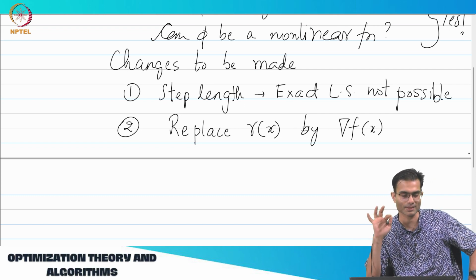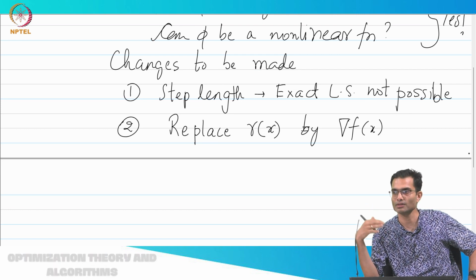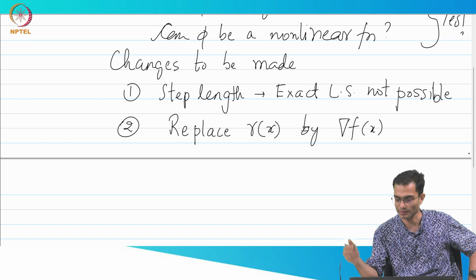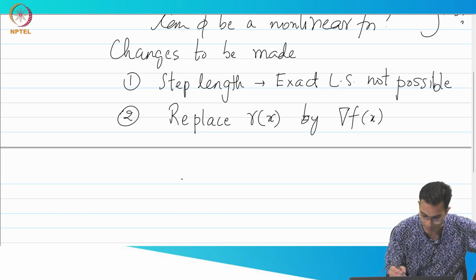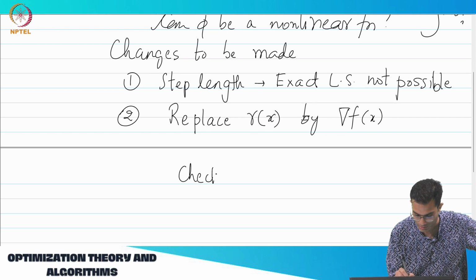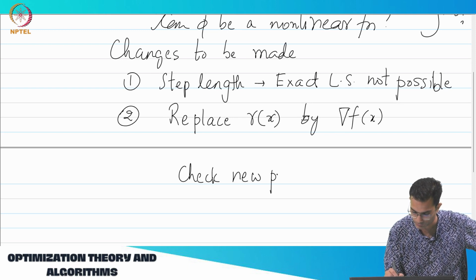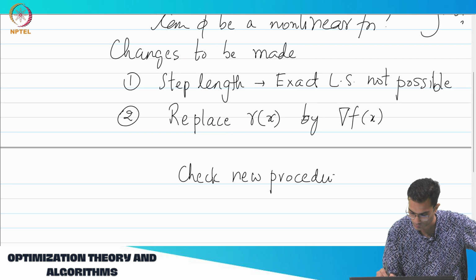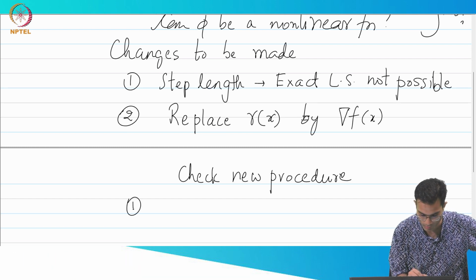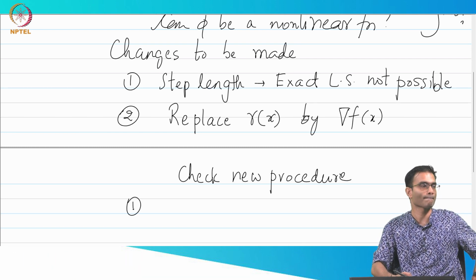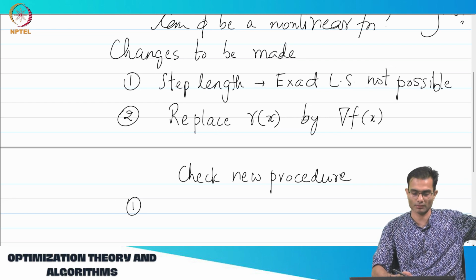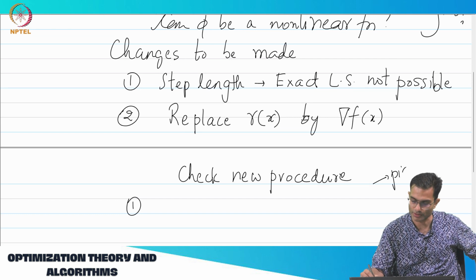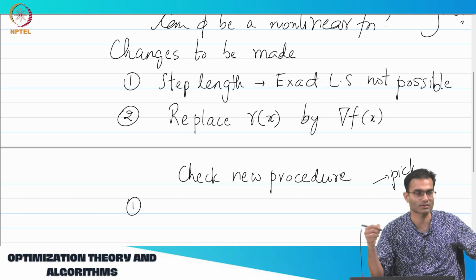Alright, now let us say I make these two small changes. Now let's try to just list out the modified CG method. Let's see, do I have all the nuts and bolts in place for this? So check the new procedure. Step 1 was what? In our usual CG, I have picked, let's say, x naught, that's randomly chosen.